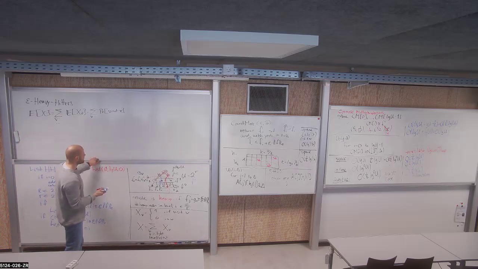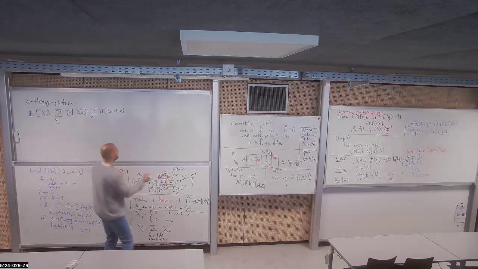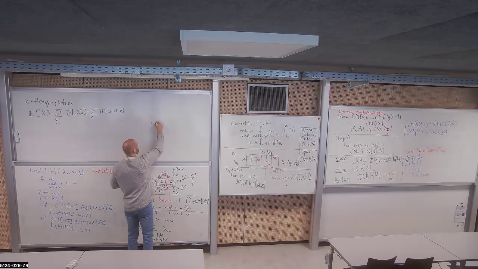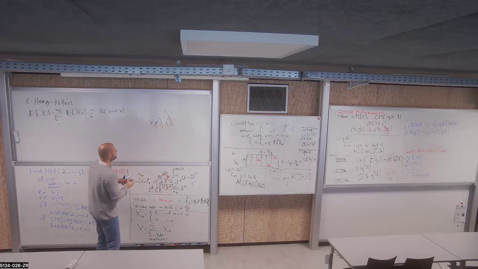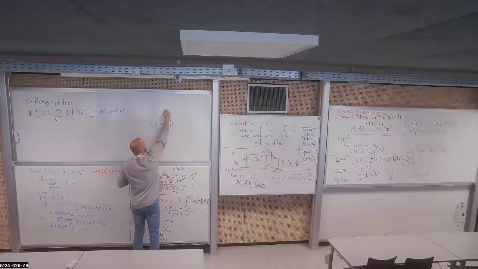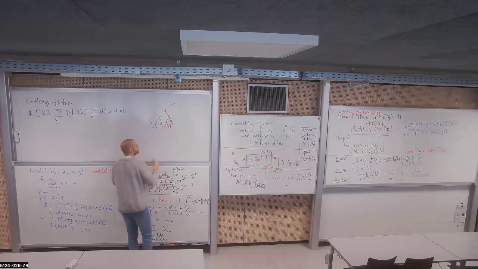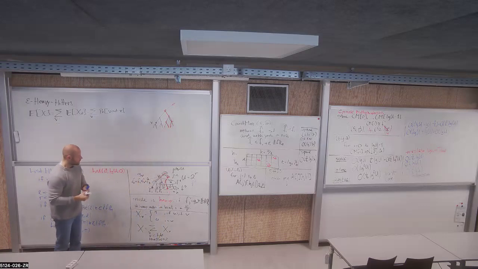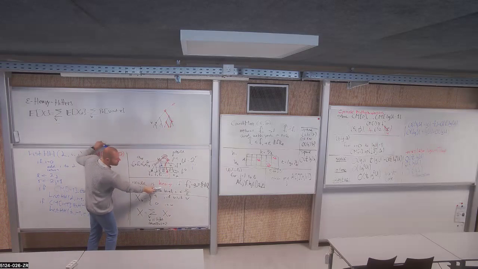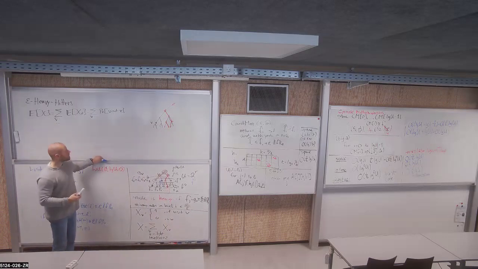We have to be more clever in how we analyze it, and for this we need a definition. Let's look at a light node V sitting somewhere in this tree, and let's follow the heavy nodes. Maybe these are the heavy nodes. Remember, heavy nodes are the ones whose frequency is at least epsilon half times the 1 norm.